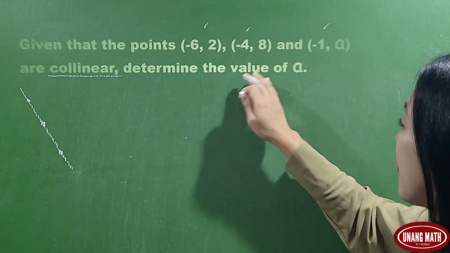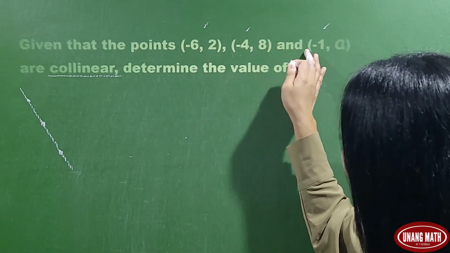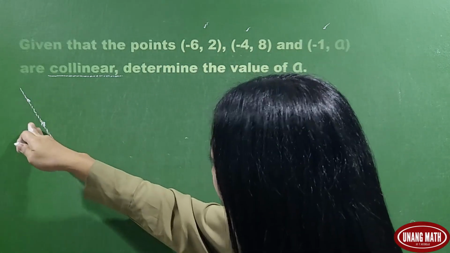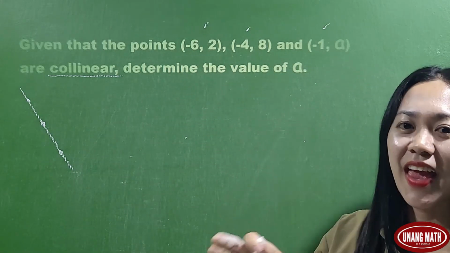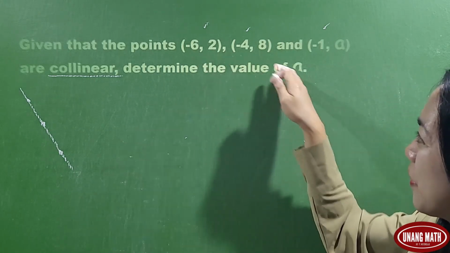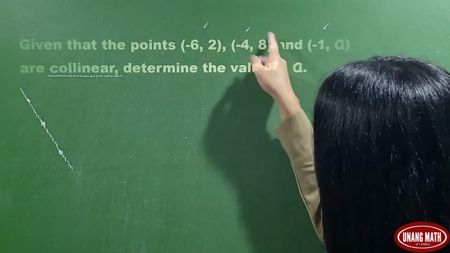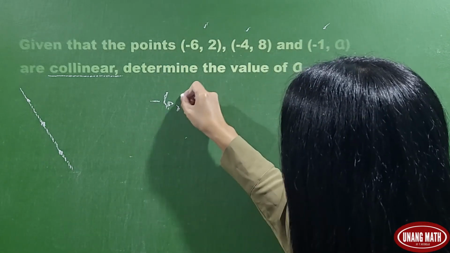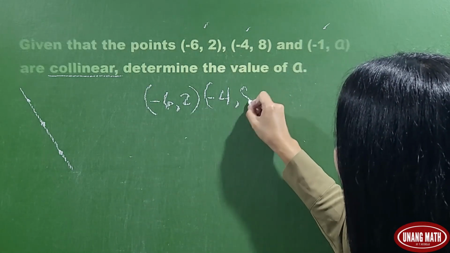So to find the value of a, we have to consider that since these 3 points are collinear, or lie in the same line or in the same graph, that means they have the same slope. So let's find the slope of these points. Okay, let's use these points, (-6, 2) and (-4, 8).